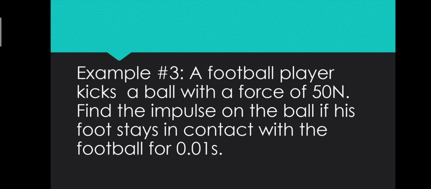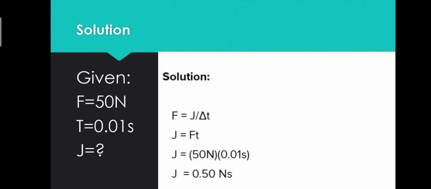Example number 3. A football player kicks a ball with a force of 50 N. Find the impulse on the ball if his foot stays in contact with the football for 0.01 seconds. What we are looking for is the impulse. So, let's apply the equation of impulse, which is J equals F times t.